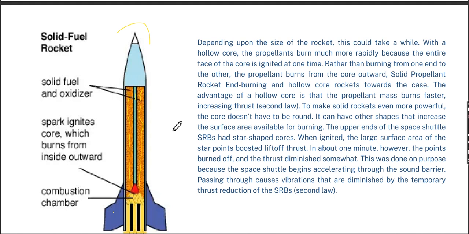In about one minute, however, the points burned off and the thrust dimmed somewhat. This was done on purpose because as the shuttle began accelerating through the sound barrier, passing through causes vibrations that are dampened by the temporary thrust reduction of the SRBs.